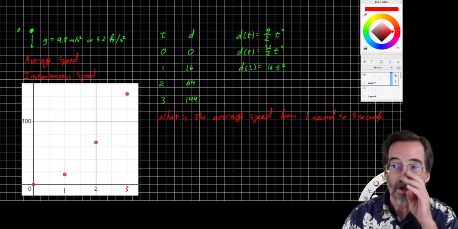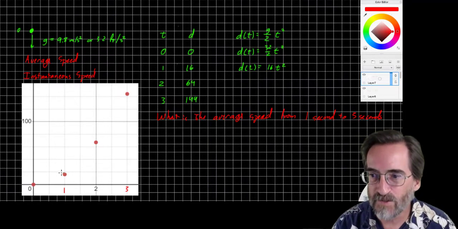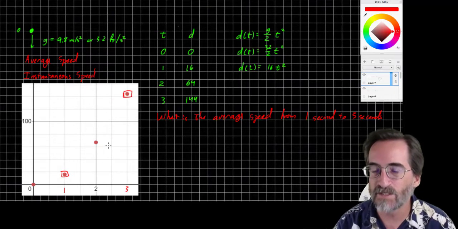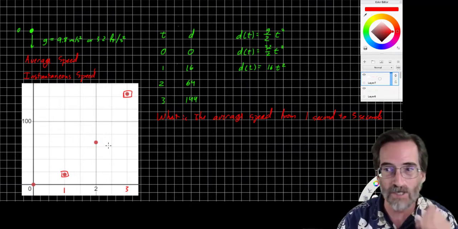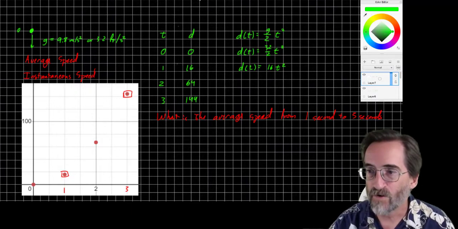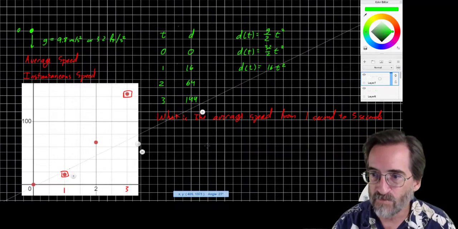Here's how we do that. We take the position at 1 second and the position at 3 seconds, and we find the rate of change between those 2 points.